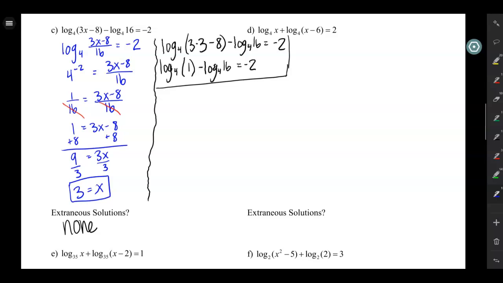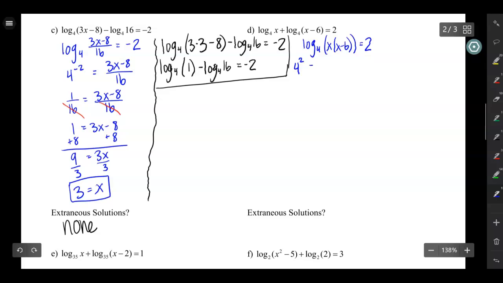So I am first going to start by condensing my logs. So I have log base 4 of x times x minus 6 is equal to 2. Then I'm going to convert to an exponential. So 4 to the second power is equal to x times x minus 6. At this point, I'm going to want to do a little bit of simplifying here.